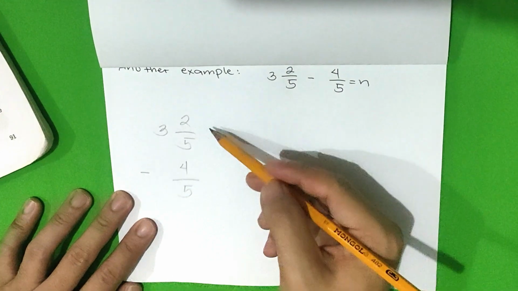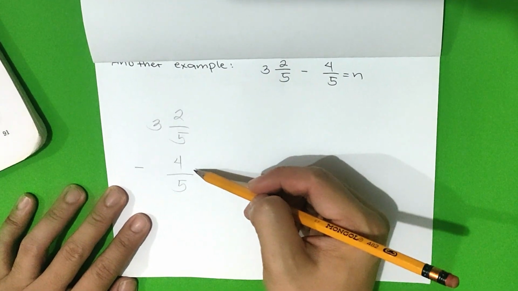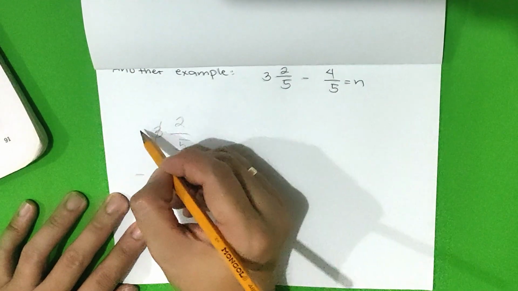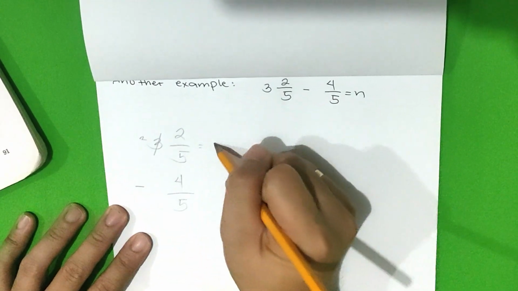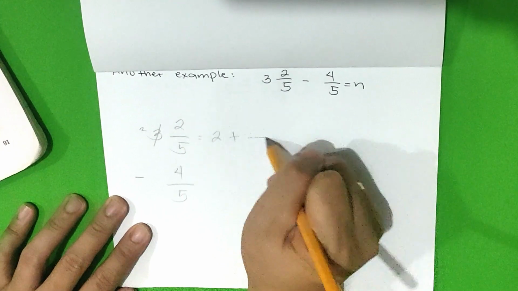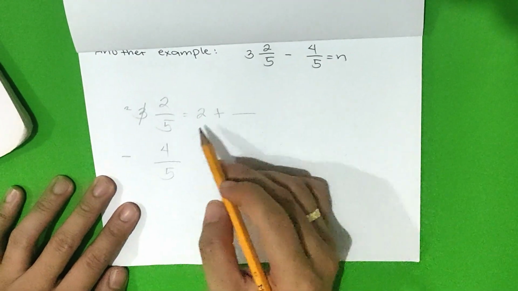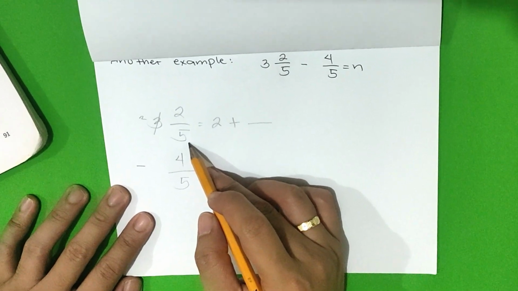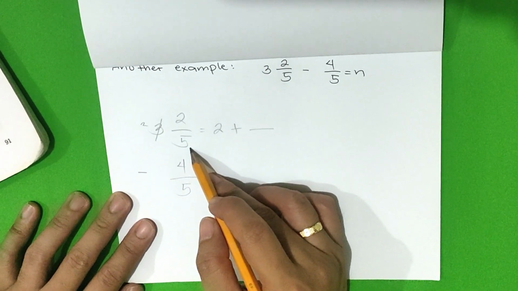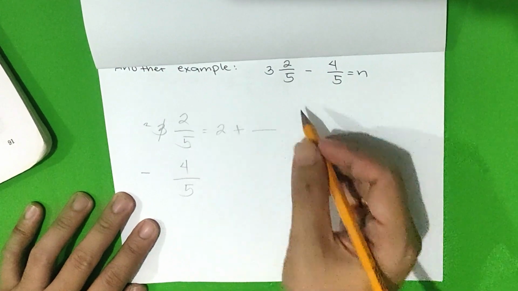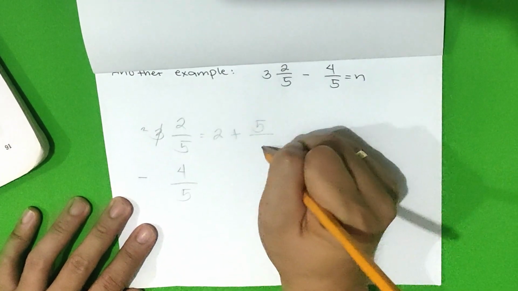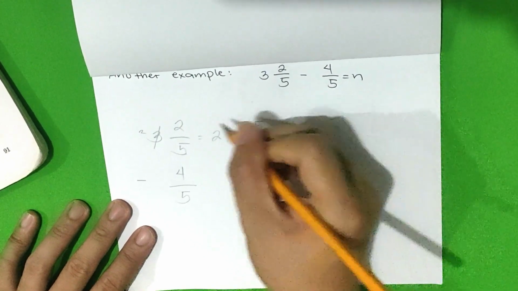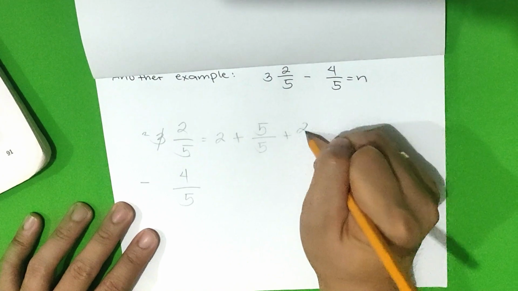Since the minuend is less than the subtrahend, let us borrow 1 from 3, and 3 now becomes 2. And then just like what we did a while ago, let's determine the denominator of the original mixed number, which is number 5. So number 5 will be used as a numerator and also as the denominator. And then let's add the proper fraction, 2/5.